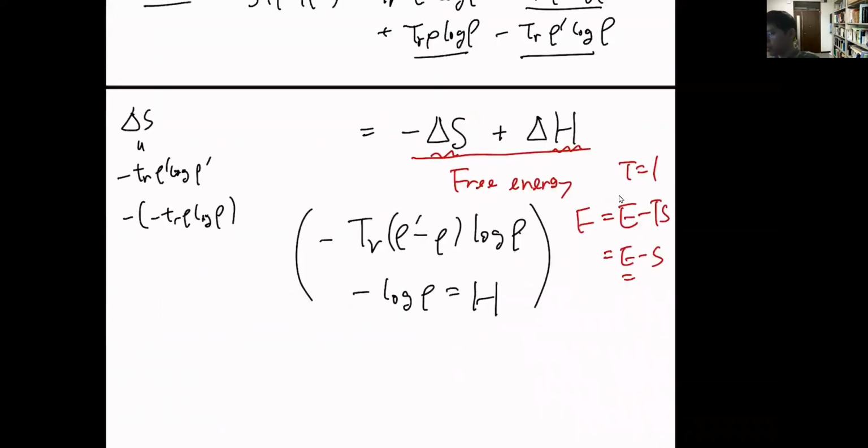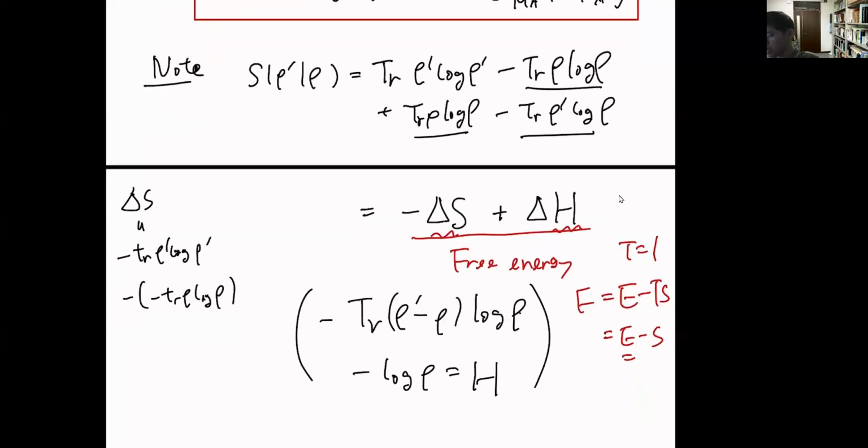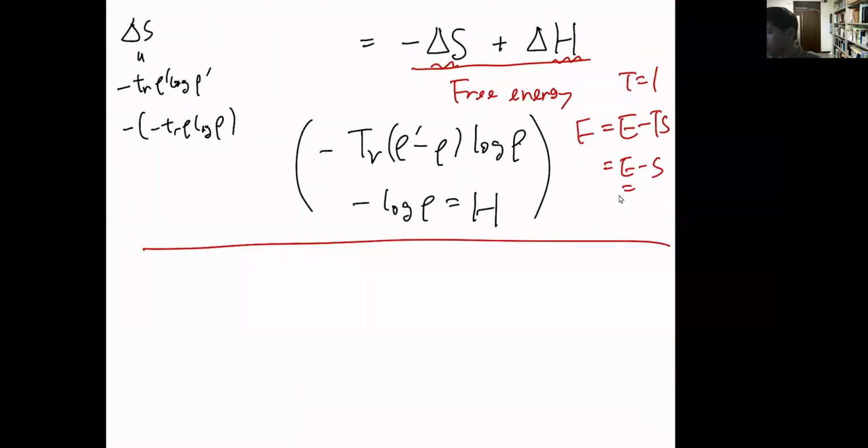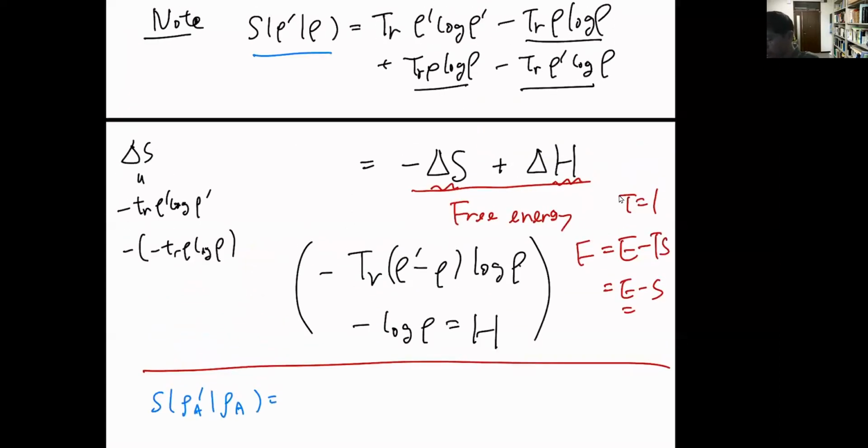So let's derive this. We are interested in the difference between rho A prime and rho A, for two different CFT states. Now we use this: minus delta S_A plus delta H_A, both in the CFT.